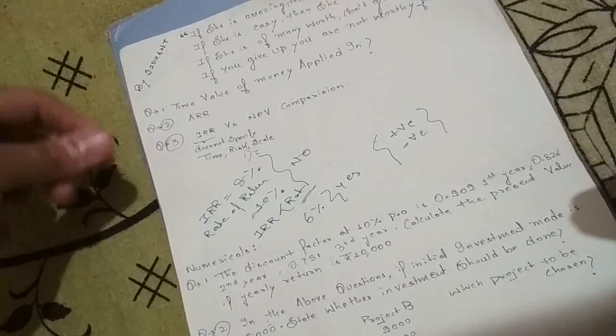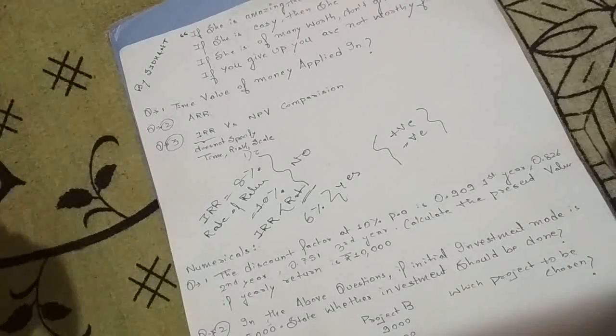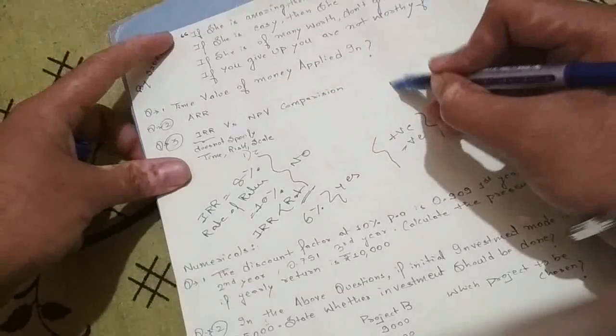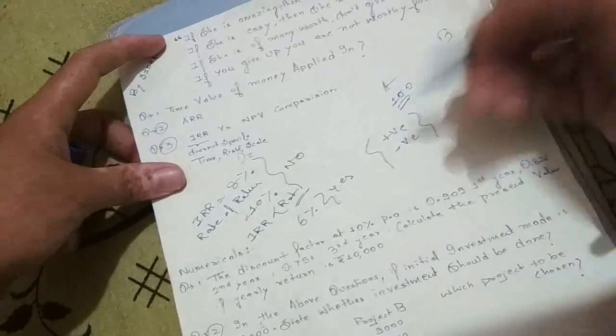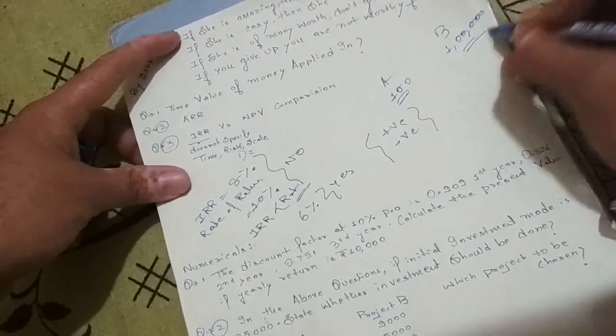The problem with the IRR begins when, let's say, there are two projects, project A and project B. In project A you are getting only 100 rupees of profit, but in B you are getting 1 lakh of rupees as profit.